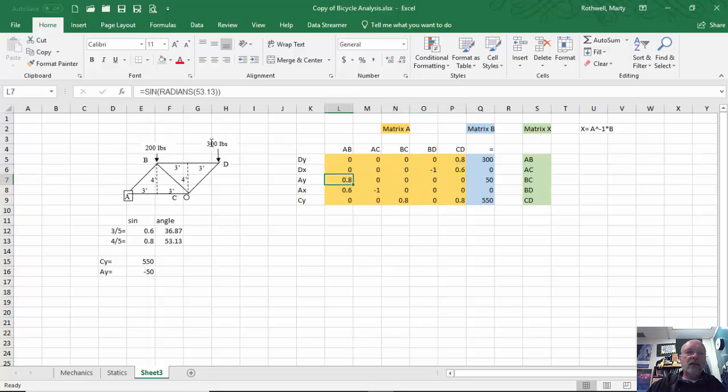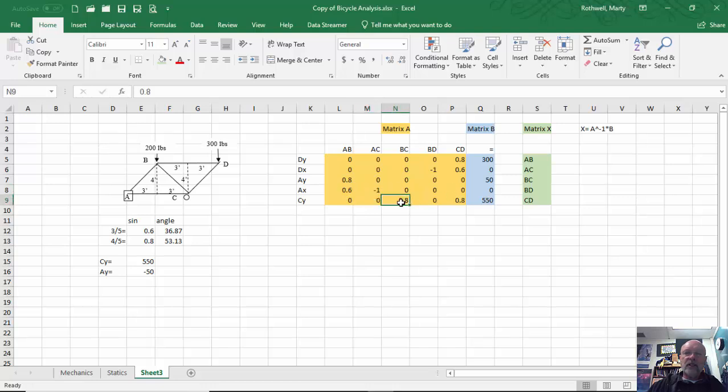I did the same thing with A of Y. Again, 4/5 would be the vertical part, and this is my 53.13 angle. So give me the sine, change it from radians to degrees, and I get 0.8. Again, equals 50. Same thing here.